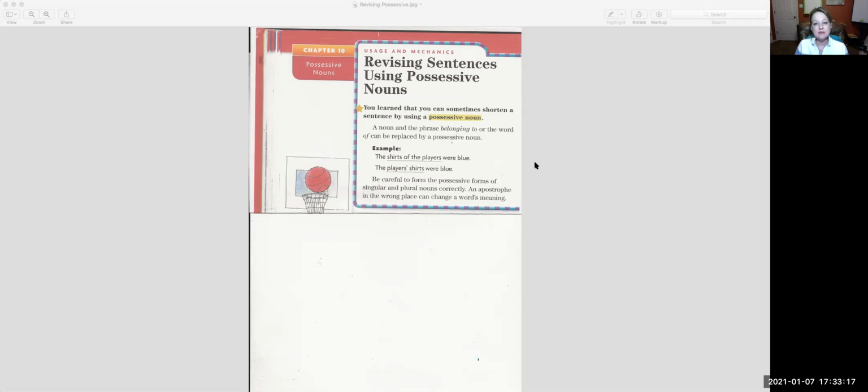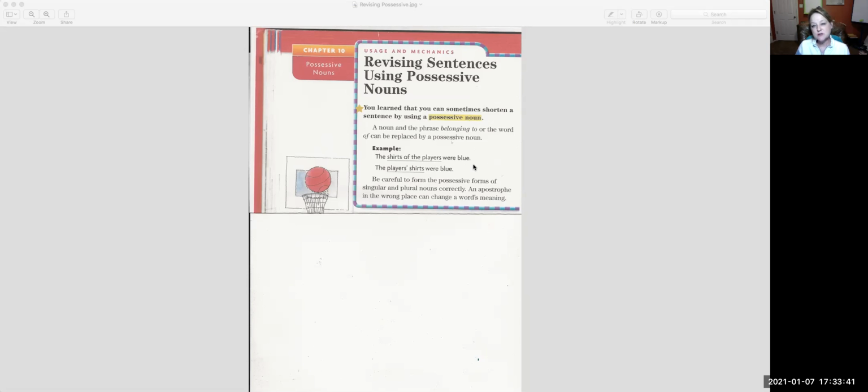A noun and the phrase belonging to or the word of can be replaced by a possessive noun. For example, the shirts of the players were blue. Players, more than one, because there's an S at the end. It is plural.